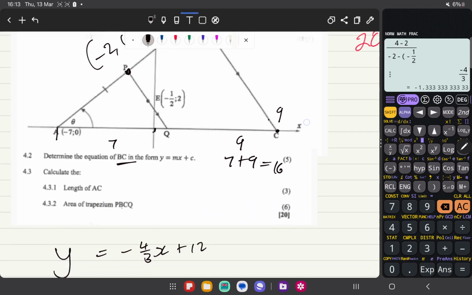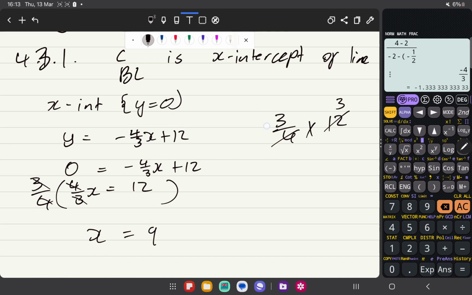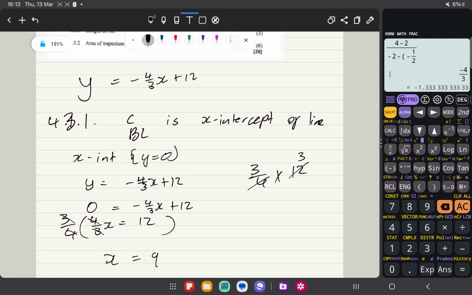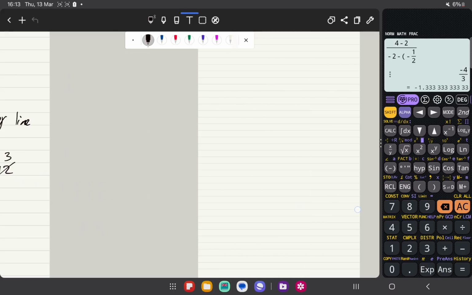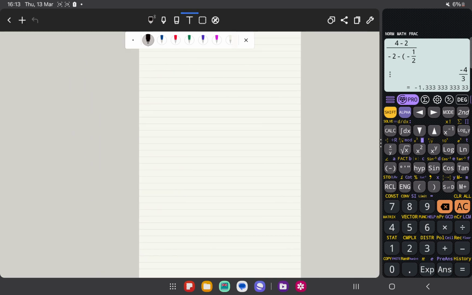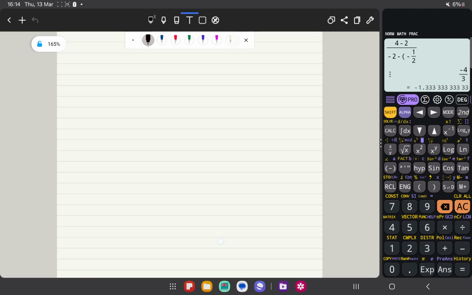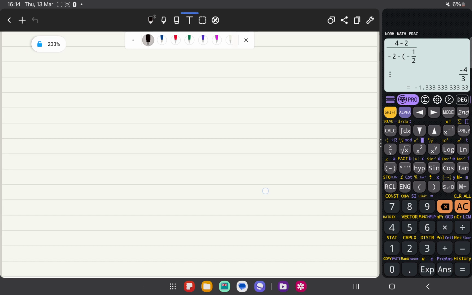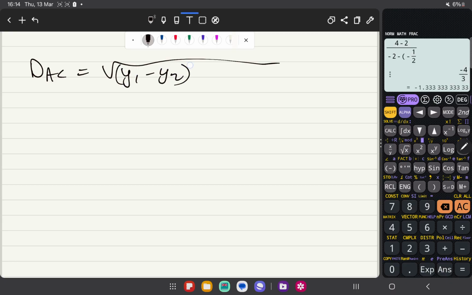But let's use the distance formula. Damn, I need space. Yeah, I can go on this side. So I'm gonna use the distance formula. Distance of AC equals the square root of y1 minus y2 squared plus x1 minus x2 squared, right?